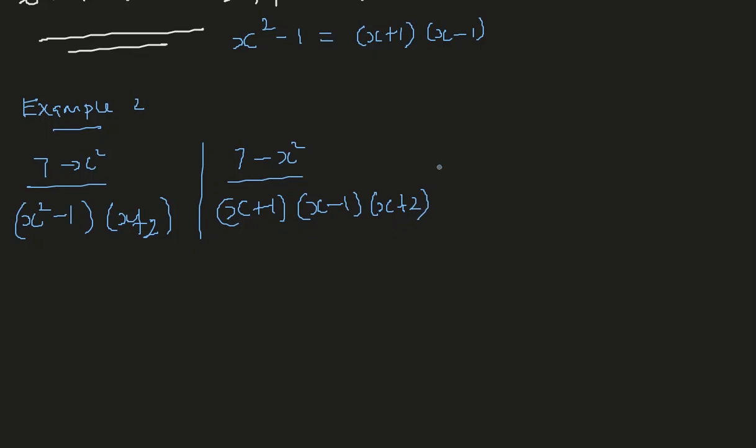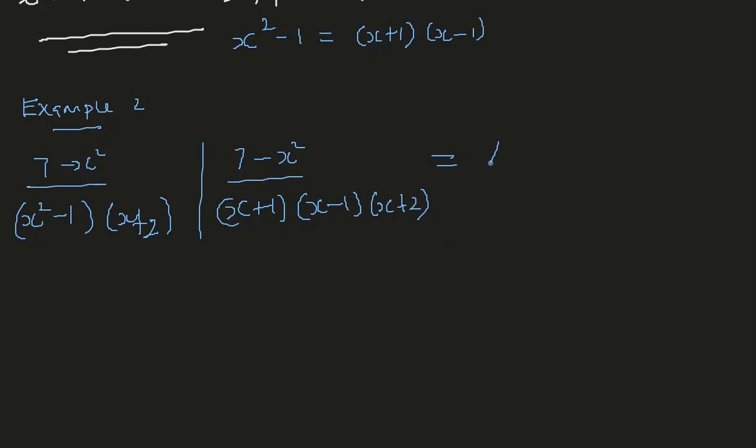So we use the procedures for type 1. By the nature of the number of factors that we have, there are 3, so we expect 3 partial fractions.